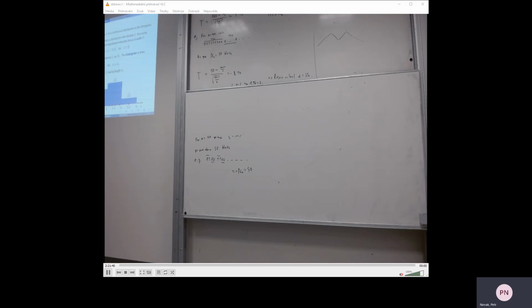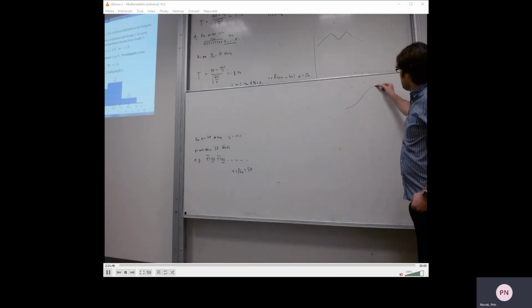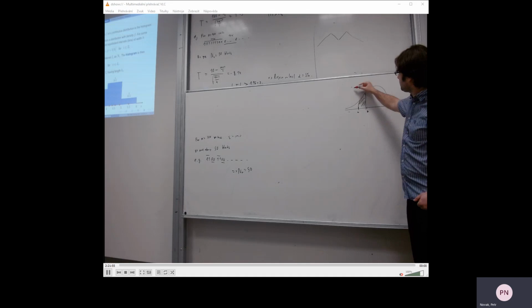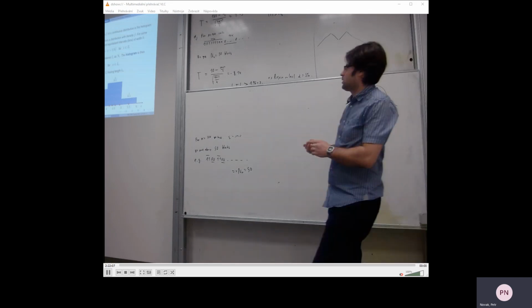Okay, so now you recall the density is such a function which, if you integrate between 2 points, let's say A and B, gives you the probability that the random variable in question will be between A and B. Yeah, this is this integral. And the histogram is the empirical version of this.